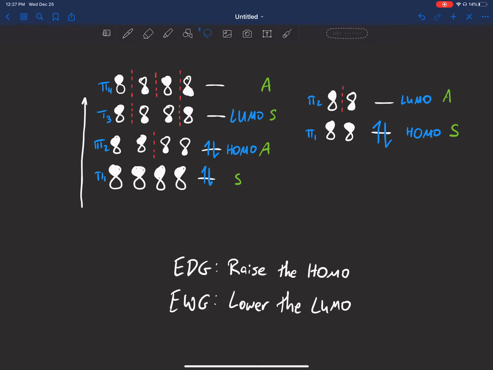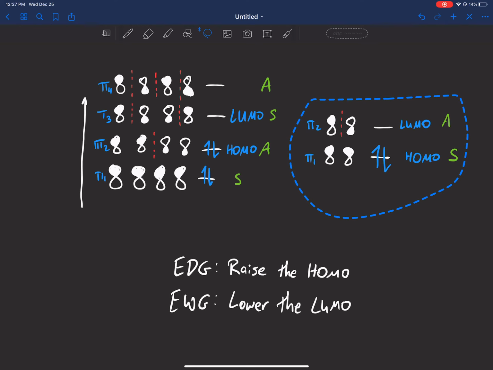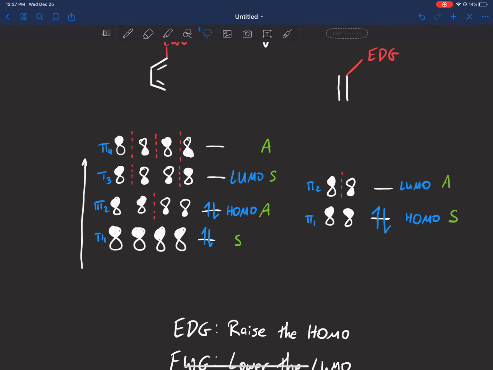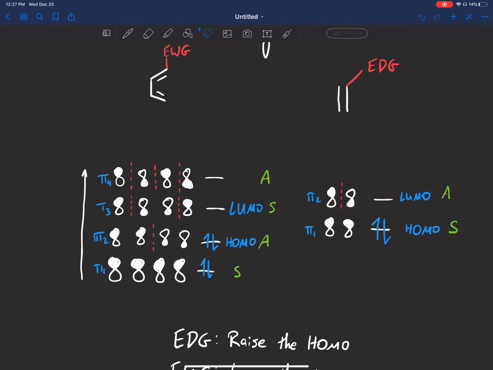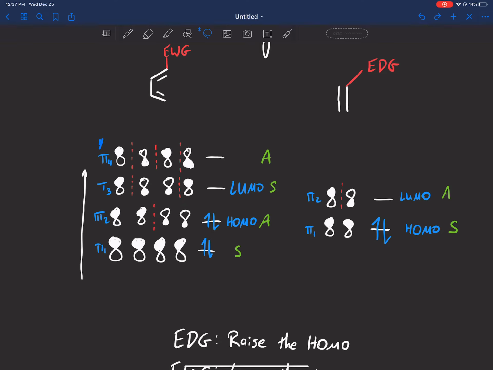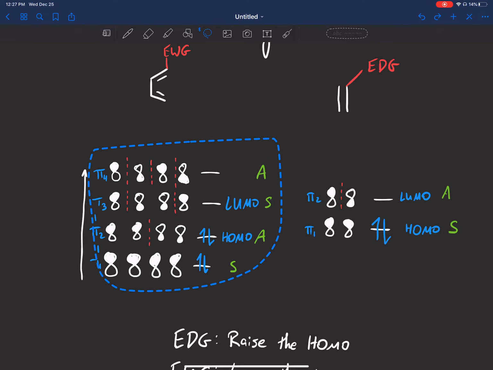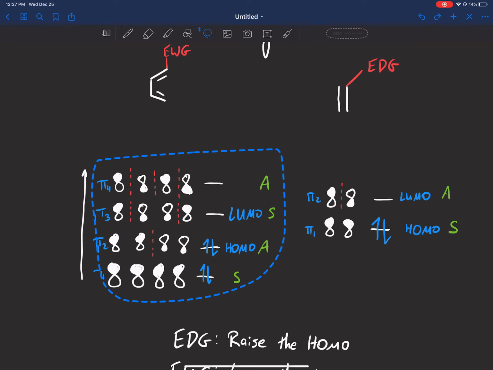So actually, let me just change the starting position. It decreases the energy of all the orbitals. Well, let's drop this guy down. I'll show you guys in a second. This guy comes down.